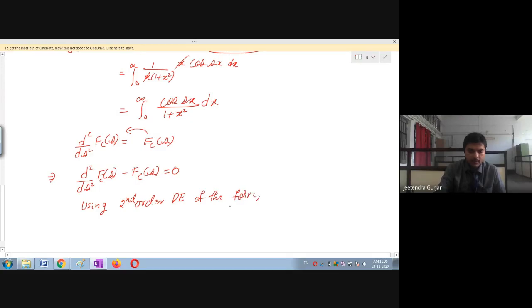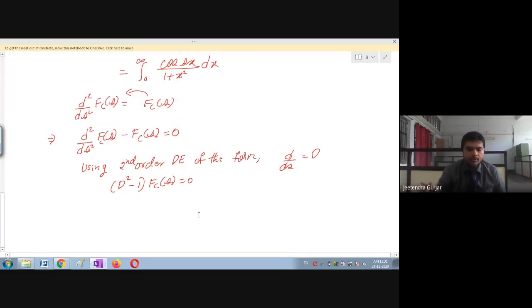I will just change its form. That is, I will just use d upon ds as capital D. So therefore, this is going to become D square. Here in this form there is no D, so I will just keep minus 1. I will take out the common part, that is f c s is common, that I have removed outside. This is equal to 0.